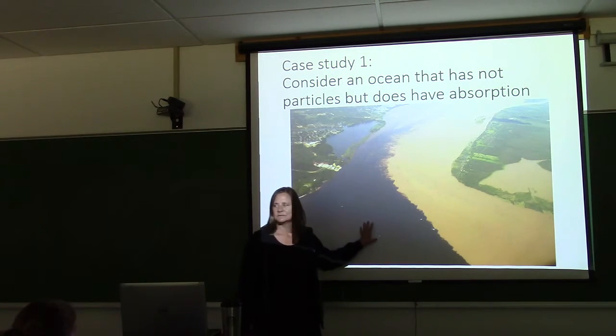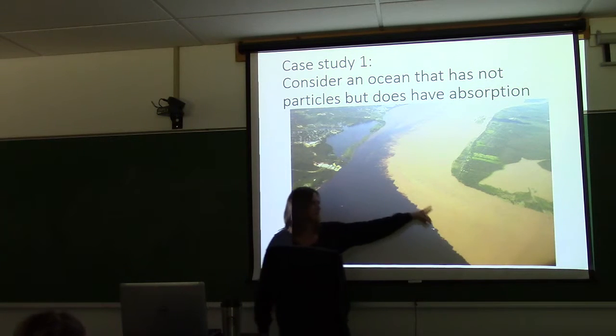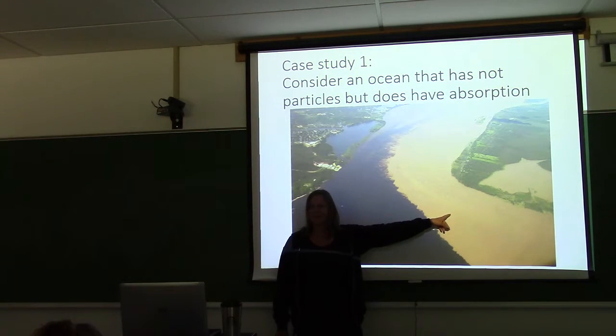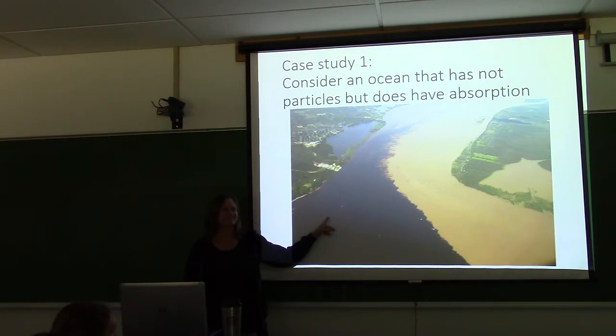And so you can say a couple of things about these two rivers. What can you say about this one? Lots of sediment, lots of particles, lots of scattering. Also probably has quite a bit of CDOM because the color that you see is sort of brownish, right? And what can you say about this one? That's a lot of CDOM and probably no particles. Right?